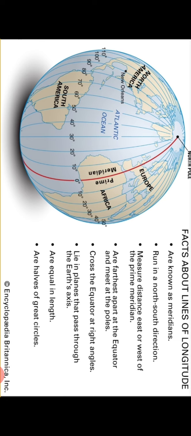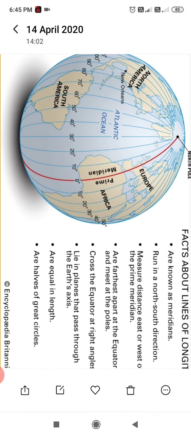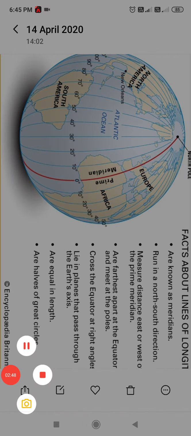It is also called Greenwich. The distance between two longitudes decreases towards the poles. They are equal in length. This is a grid. A grid is a network formed by the intersection of latitudes and longitudes.